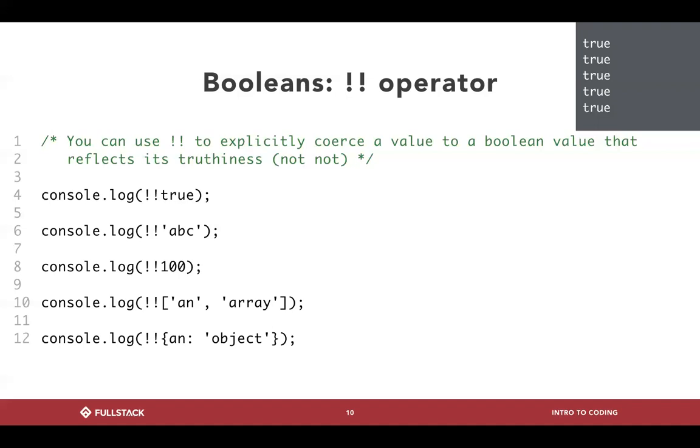Just like 9 is greater than 8 coerces to true. We can combine these things. We can combine multiple values or multiple coercions, multiple statements into larger sets of either truthiness or falsiness.